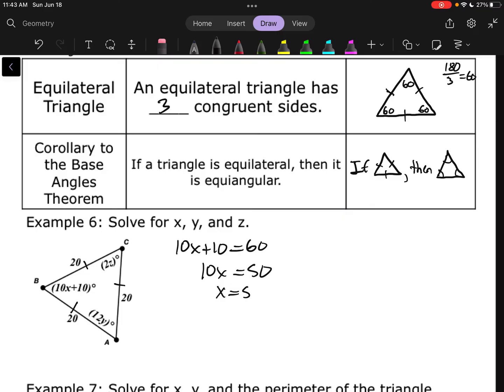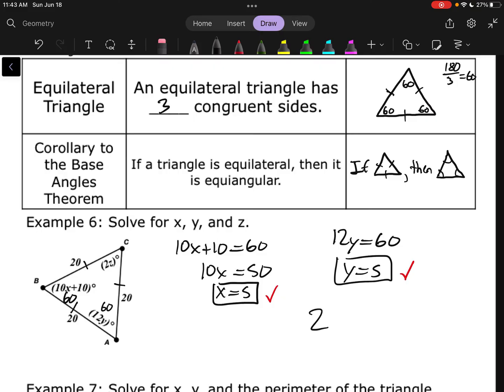Divide by 10, and we get x is 5. Plugging that back in, checking our work real fast. 10 times 5 is 50, plus 10 is 60. So I got a check. For the y, that 12y down there, that angle's got to be 60. Divide by 12, and we also get 5, strangely. 12 times 5 is 60, so that works.